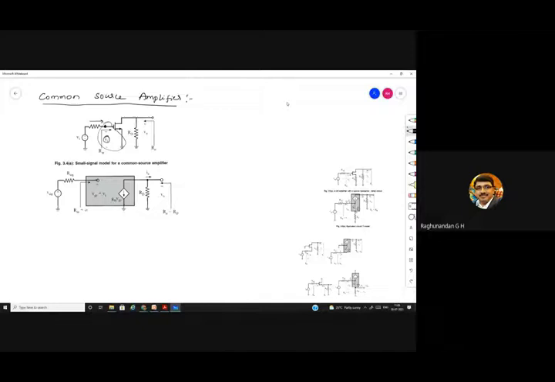It is shown to be open. Why? It would have been connected here, no? Why is it not connected like that? It is having a gap, or there is no connection here. Why is that? There is a reason for that.